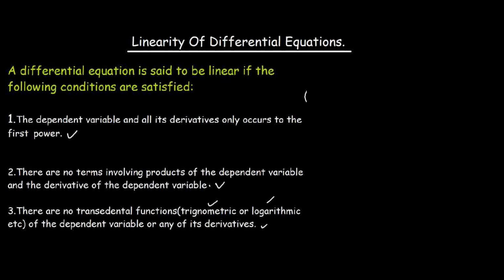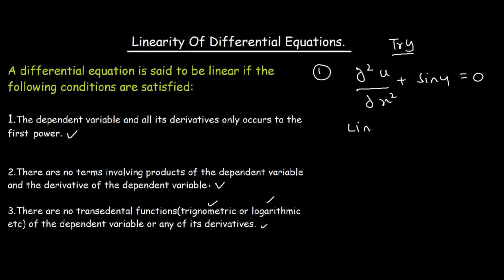I'm going to give you some questions to try on your own. So let's look at these questions. The first question is the second partial derivative of u with respect to x plus sine of y equals 0. Is this linear or nonlinear?